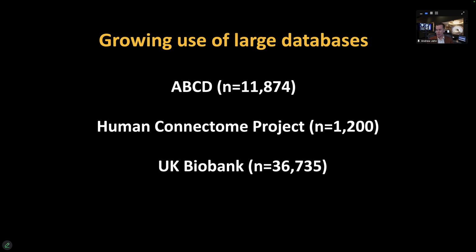Something like ABCD can only be accessed, as far as I know, through the NIMH website, National Institutes of Mental Health, and requires a few steps as well. Lastly, UK Biobank requires a fee. It's somewhere in the thousands of dollars, last I heard. It's not that easy to access, but it does have the widest range of both functional and demographic data.